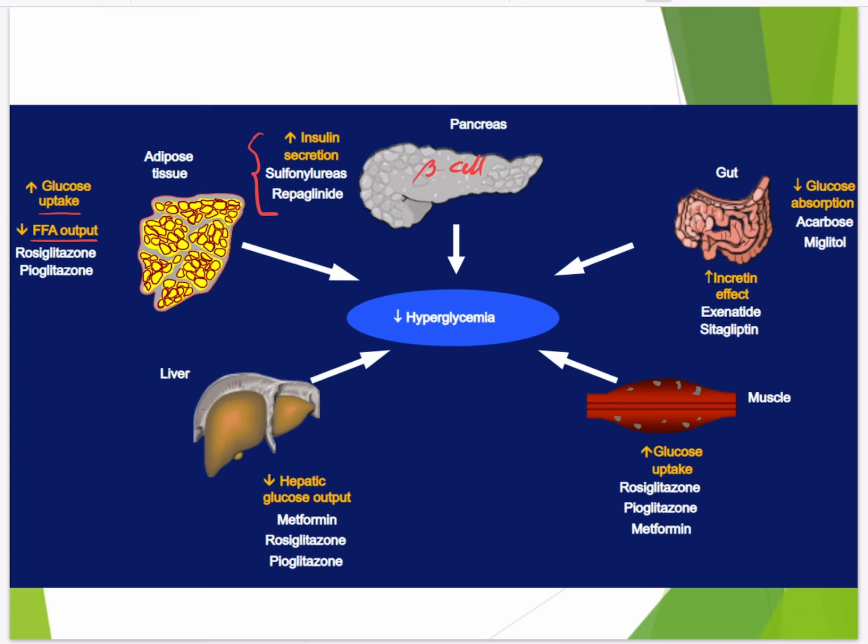We can also decrease hepatic glucose output, or gluconeogenesis, with metformin, rosiglitazone and pioglitazone.